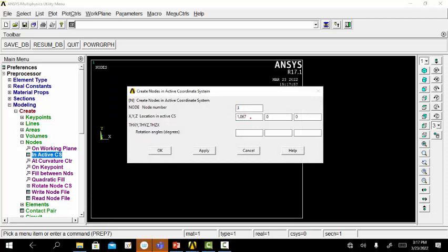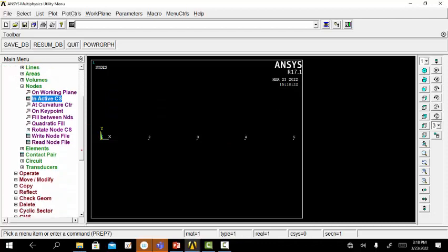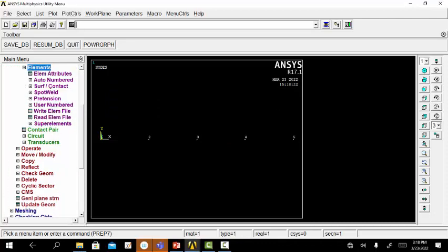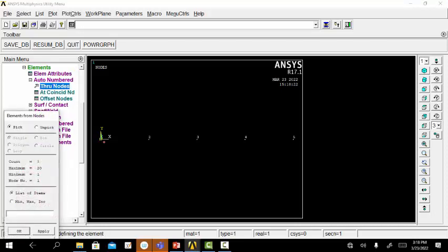Then the third nodal point 2.134 meter along x direction. Then the fourth nodal point is 3.2, 0, 0. Then the fifth nodal point is 4.267 meter. Okay.